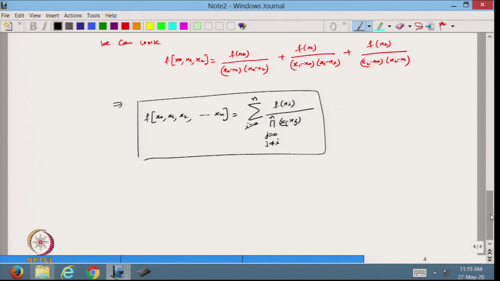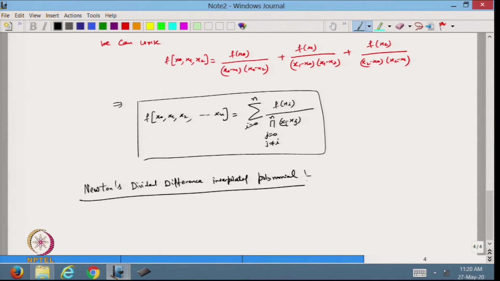Now, based on this divided difference, we want to find out what the interpolating polynomial is in this case. So I want to define now Newton's divided difference interpolating polynomial. So this one we want to write.